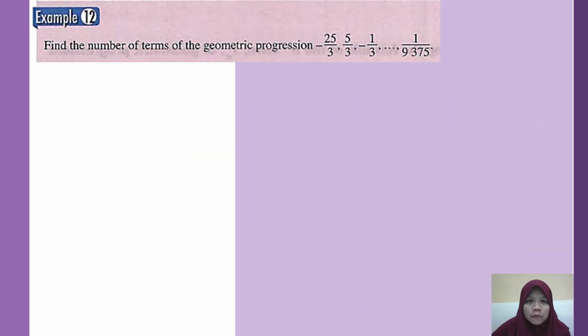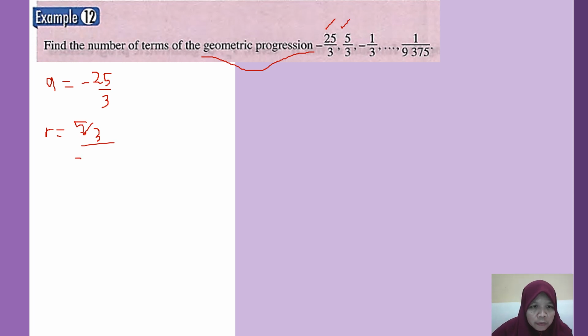Find the number of terms of the geometric progression. For this geometric progression, we know that a is negative 25 over 3, and r is T2 over T1. So 5 over 3 divided by negative 25 over 3, and you will get r is negative 1 over 5.